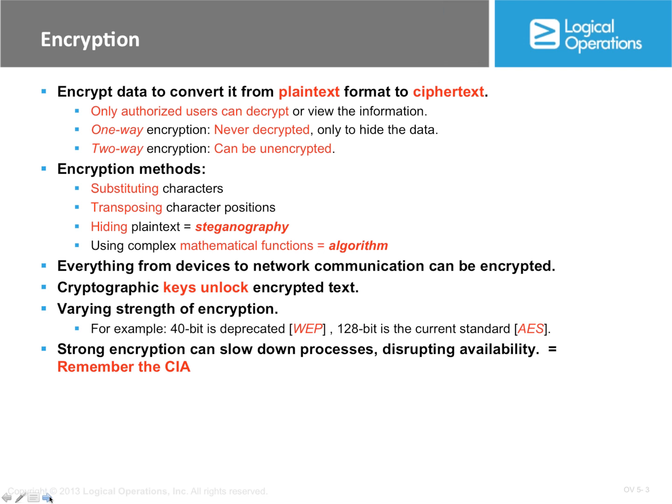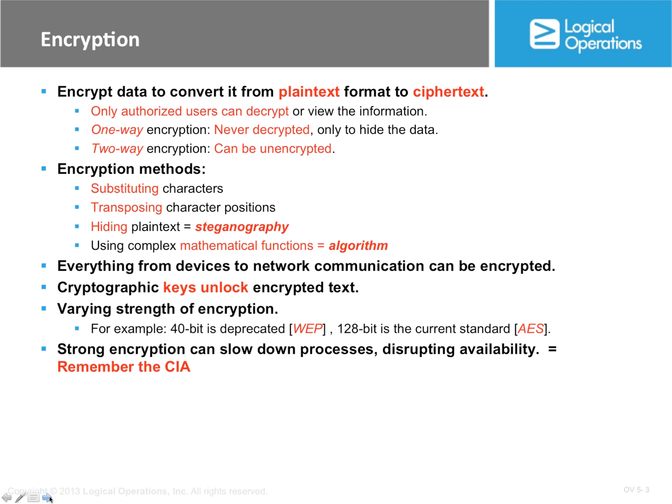Encryption is available in a wide range and varied strengths, depending on the overall intent or what the requirement is, right? All the way from simple 40-bit encryption, which we would probably associate most readily with web encryption, up to the current standard of 128 AES encryption.